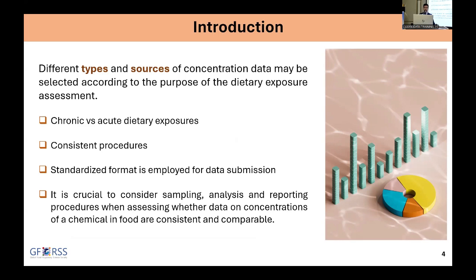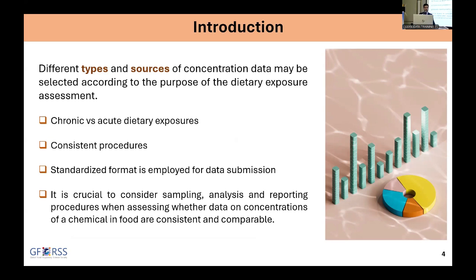So we will give further examples. The most important thing is to start having the mindset of a consistent and standardized procedure for understanding the data, compiling the data, and submitting the data. That's our main objective, having a consistent and standardized approach. And that is one of the targets of our work.